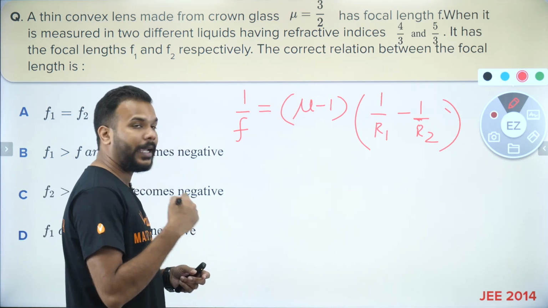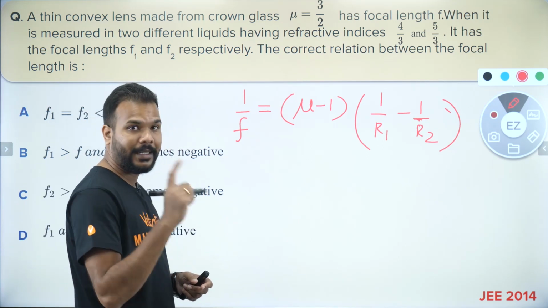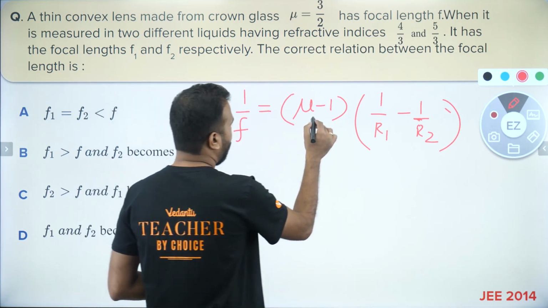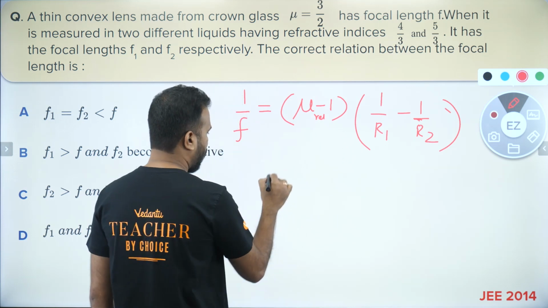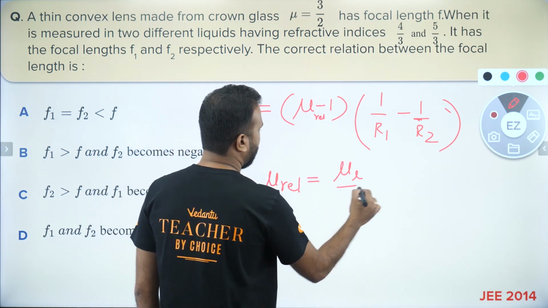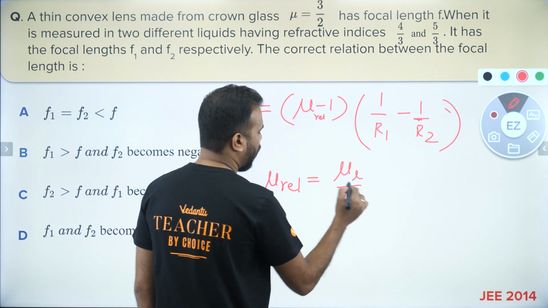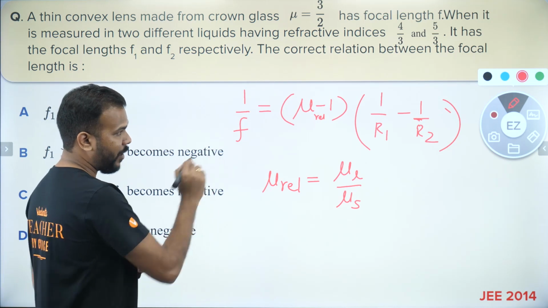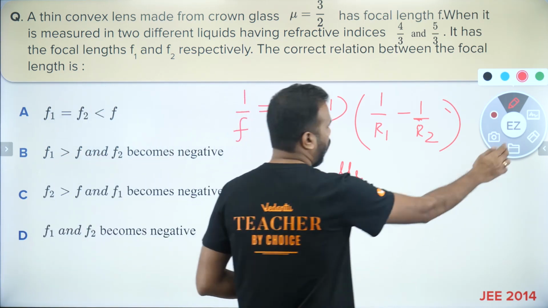But when we are using any other medium whose refractive index is other than 1, like here it is 4 by 3 and 5 by 3, this mu will become mu relative. And how will you write mu relative? Mu relative is basically mu lens divided by mu surrounding medium. Okay, so that is what we'll be using, and we'll be finding the value of the two focal lengths of the lens respectively.